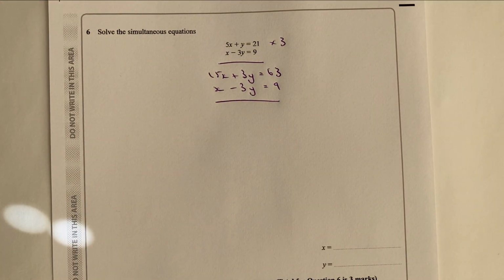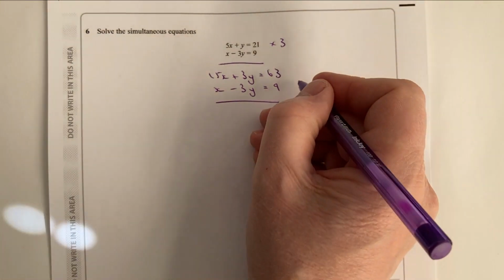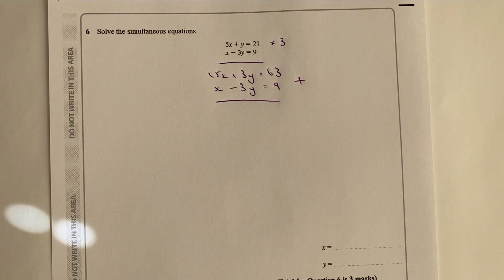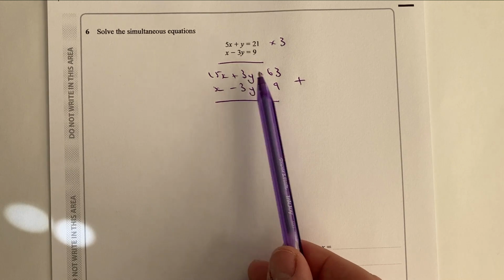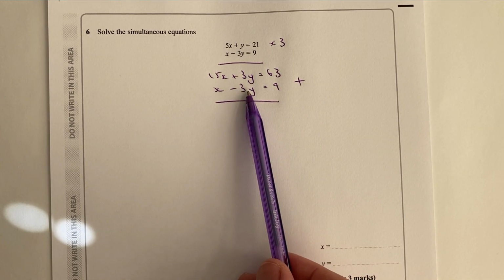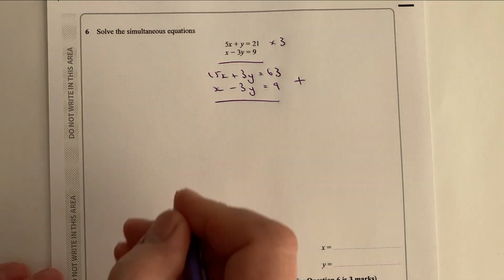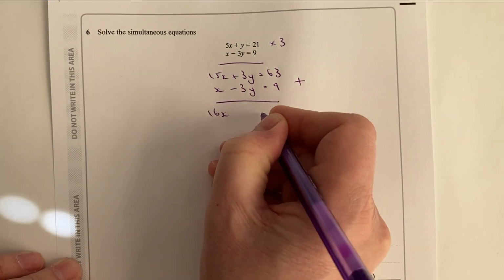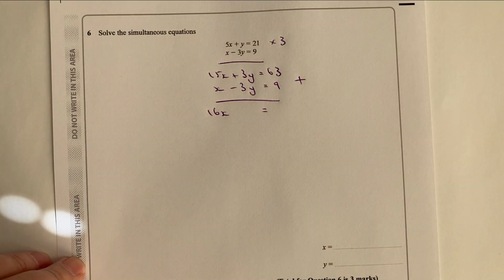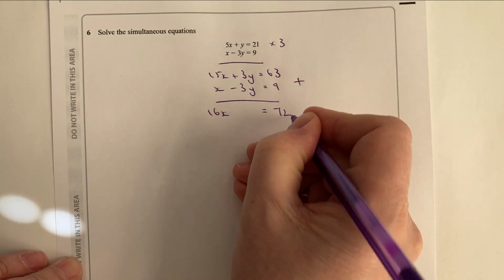Now in order to get rid of the 3y's, if I add these equations together, I end up with 3y plus minus 3y. That's the same as saying 3y minus 3y, so it's a 0. But it also means I can get rid of the y's and just concentrate on the x's. So that's going to be 16x equals 63 plus 9, which is 72.